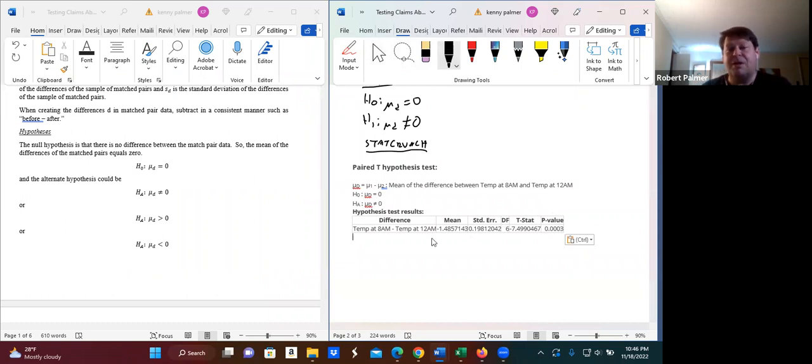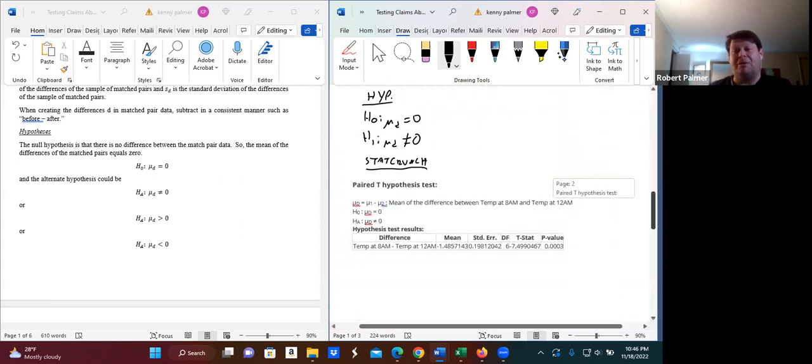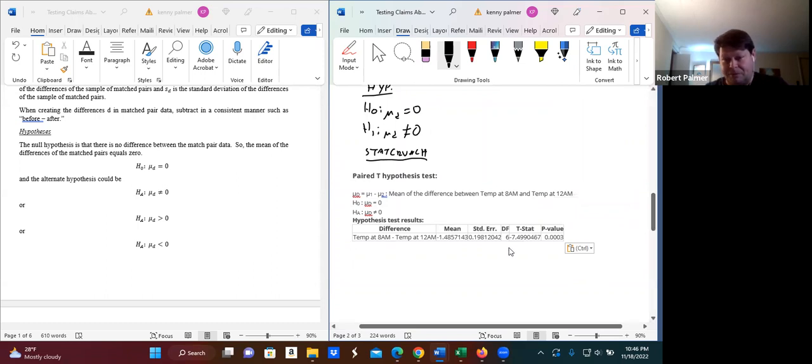This time our mean is negative, so this mean difference is negative. At least for the mean, the sample suggests that the 12 p.m. temperatures, at least for the sample, on average are larger than the 8 a.m. temperatures. But we may not be able to claim that of the population. That's our goal, to see if there's enough evidence to do that.